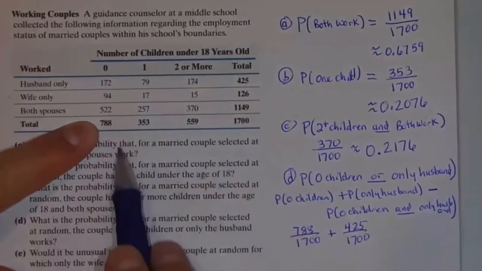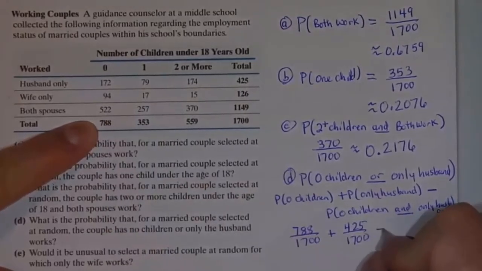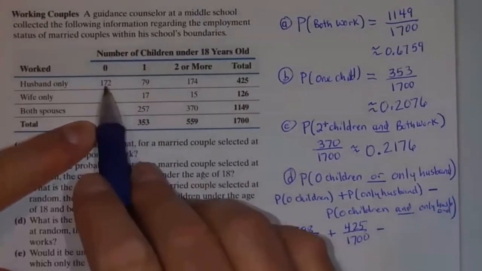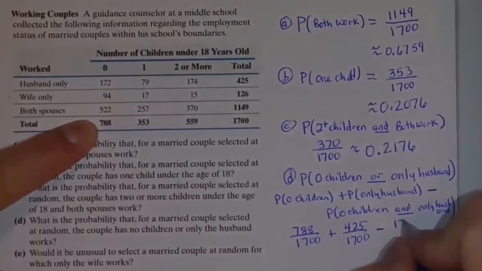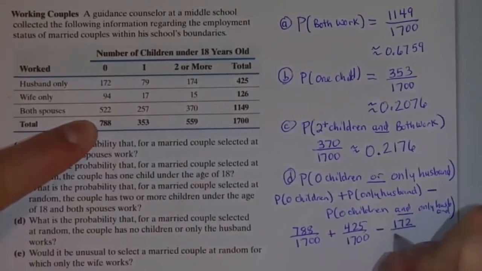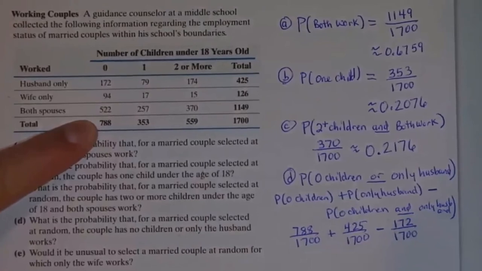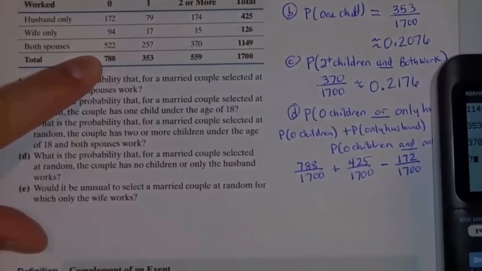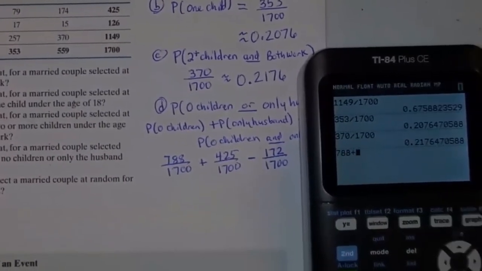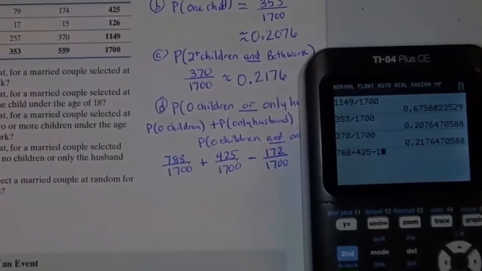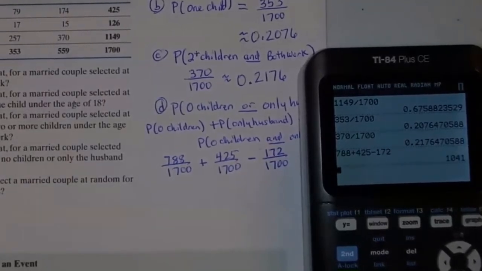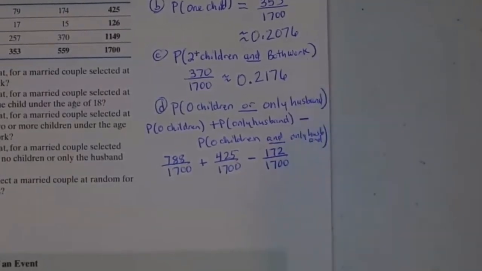It's being added in both. So I have to subtract out the probability of both. And so I'm going to subtract out the 172 out of 1,700. So if I take 788 plus 425 minus 172, that equals 1,041.